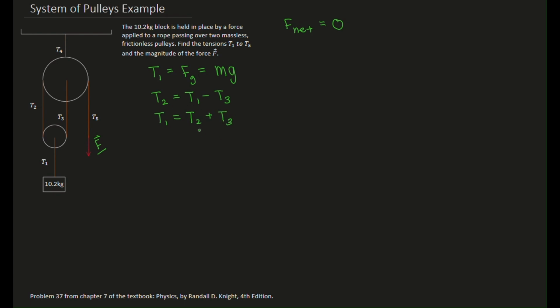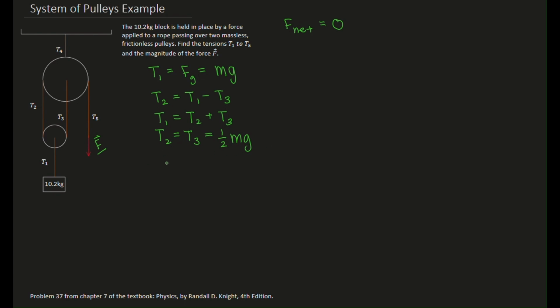And 2 and 3, because they're on the same pulley system and they're acting in direct opposition to each other, are actually equivalent. So I can say that they're exactly half of the tension force from 1. So they are equal to 1/2 the mass times the acceleration due to gravity.